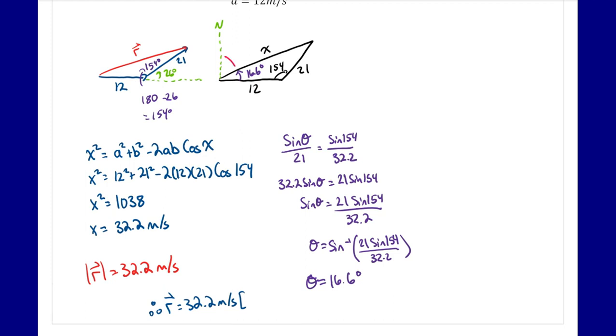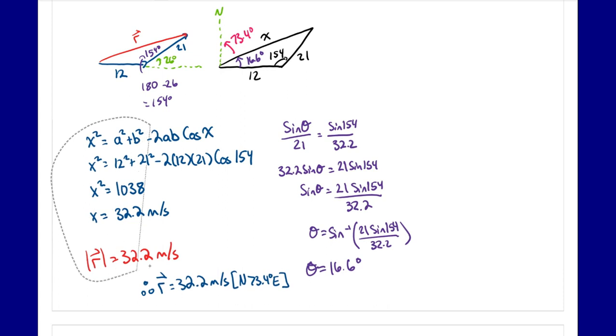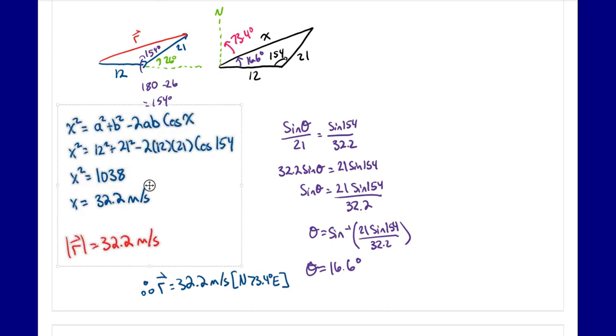So we can figure out the difference. This would have to be 73.4 degrees. So we could say north 73.4 degrees east. Or if we want the quadrant or the true bearing, right, depending on how we want it labeled, let me just kind of reorganize some of this here.